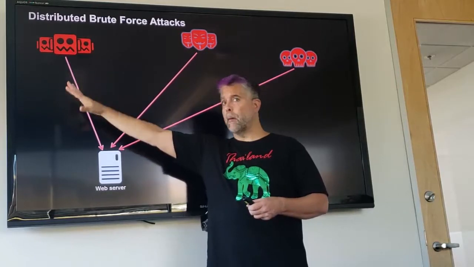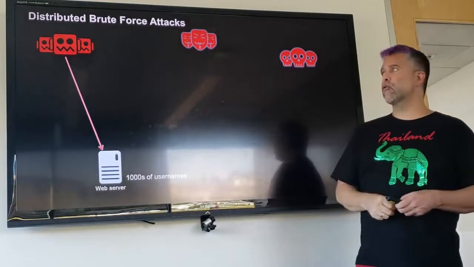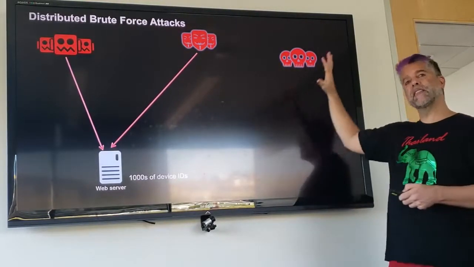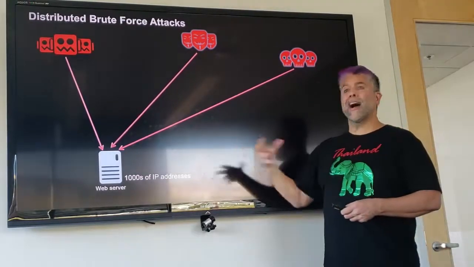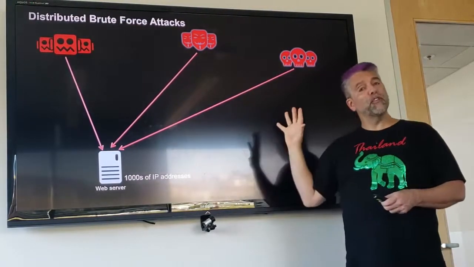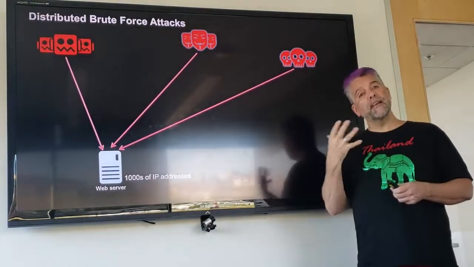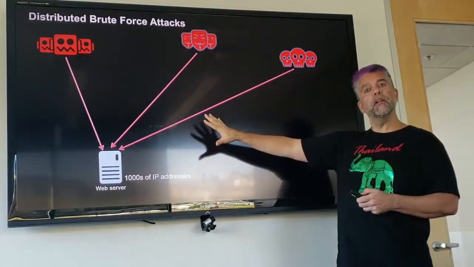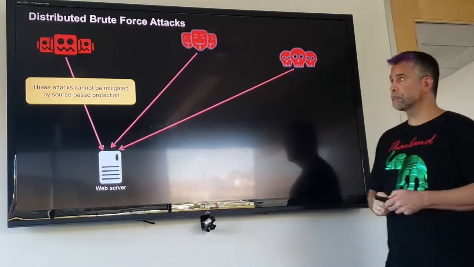These could be a whole botnet, and they're trying thousands of different usernames. They're coming from thousands of different device IDs and thousands of different IP addresses. Because of that, the protection we just looked at is not going to work because that's protecting from a single source. So this is the new vulnerability that this feature is going to address.